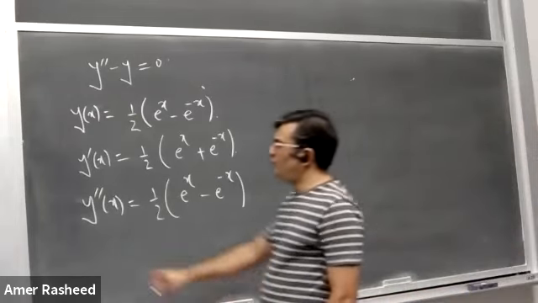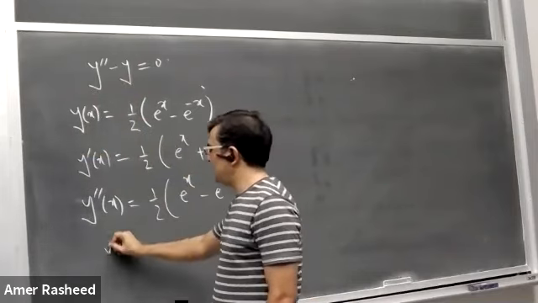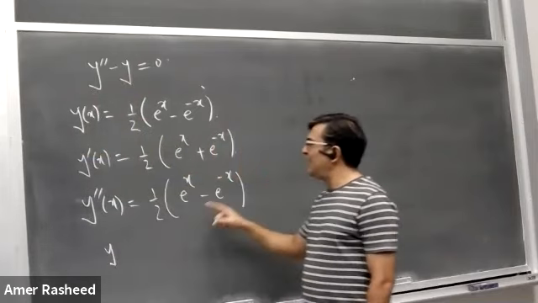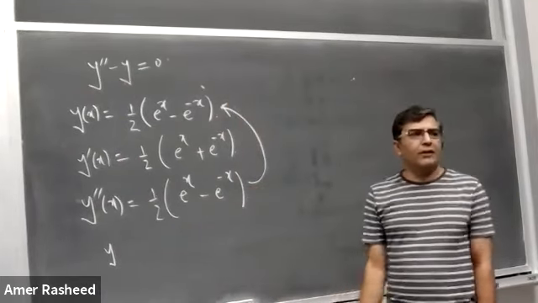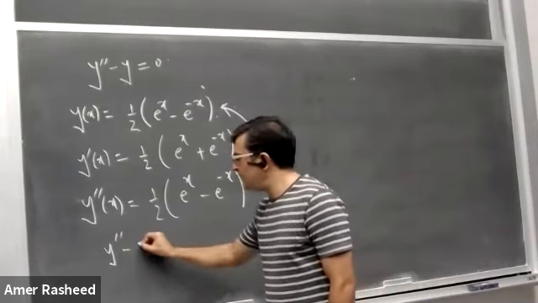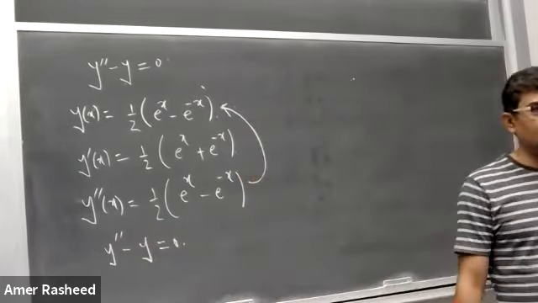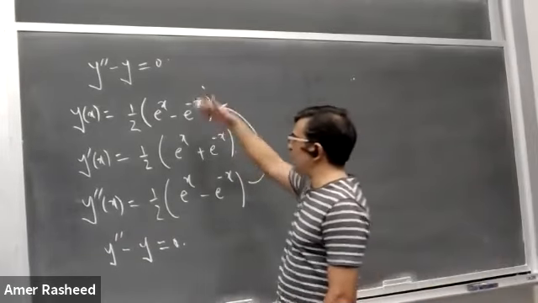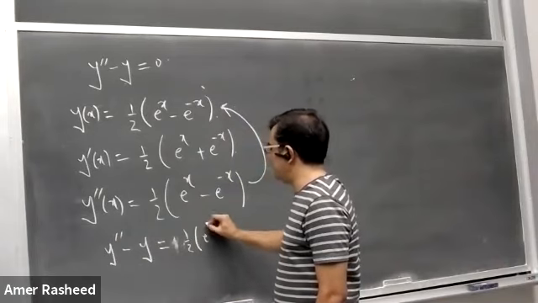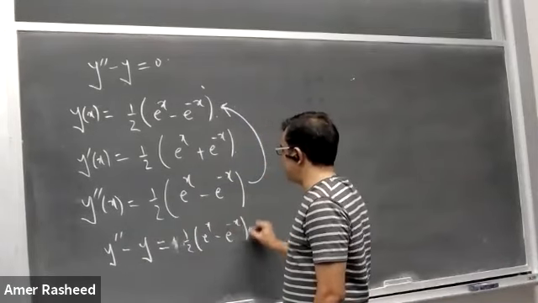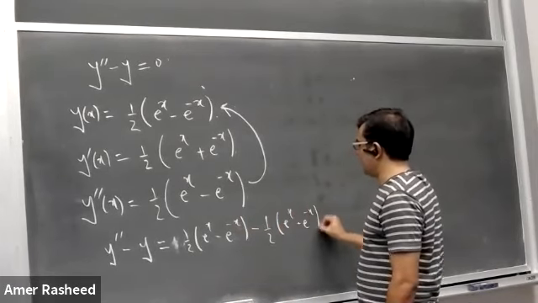Now, put the second derivative here, and y here. You can see that y double dash is exactly the same as y. So they both cancel each other and we get 0. These two are exactly identical: 1 by 2 (e raised to x minus e raised to minus x) minus 1 by 2 (e raised to x minus e raised to minus x).